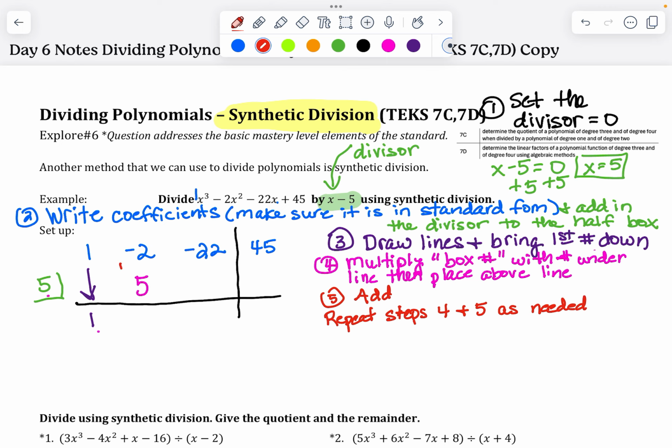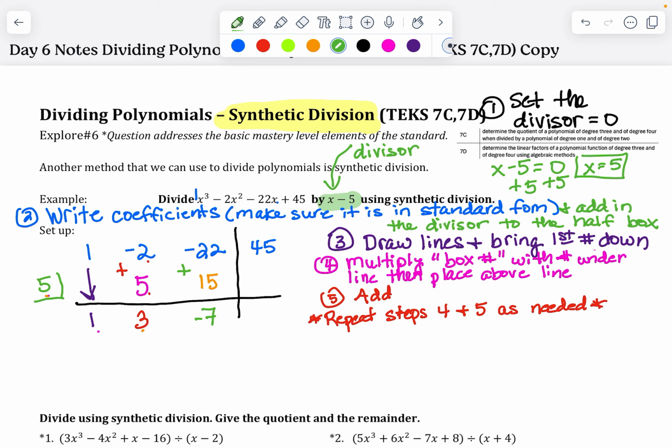So I'm going to add this -2 and this 5 and get a 3. So now we're going to do the repeating of the steps. Okay, so now I am going to go 5 times 3 and get 15. Then I'm going to add -22 plus 15 is a -7.